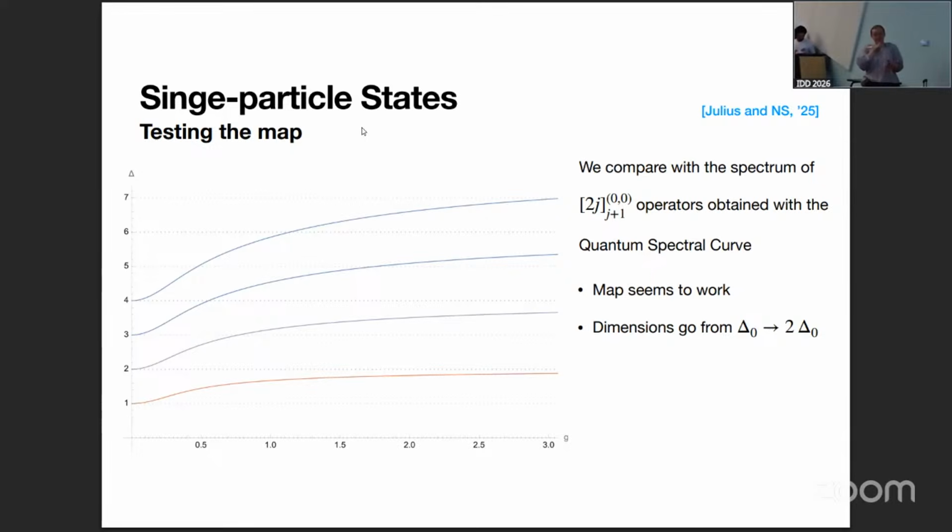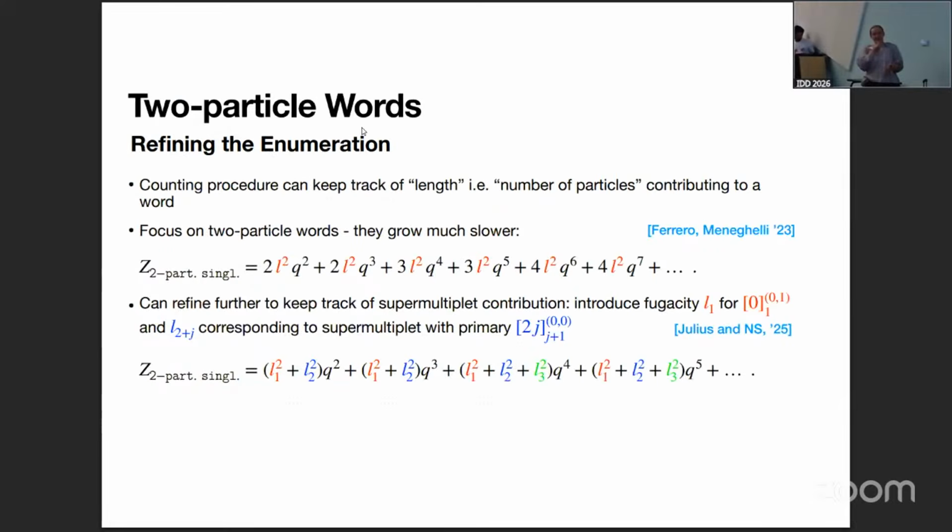Good. But of course, single particle states are nice, but what about more particles? Is there anything special? In fact, there is a very special picture with the two particle states at weak coupling. The first observation was made back in Fermi-Nagelli's paper.